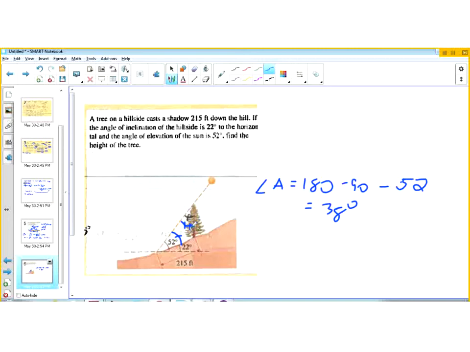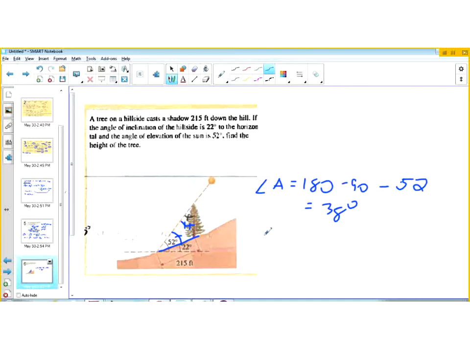And we know the length of this side, that's 215 right there. So we have enough information to use the law of sines.